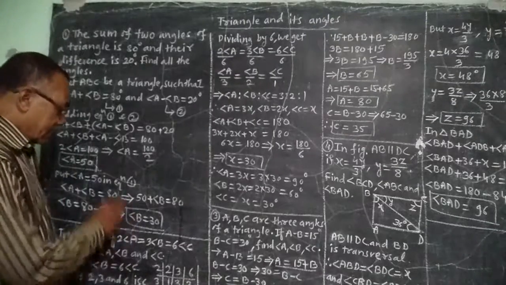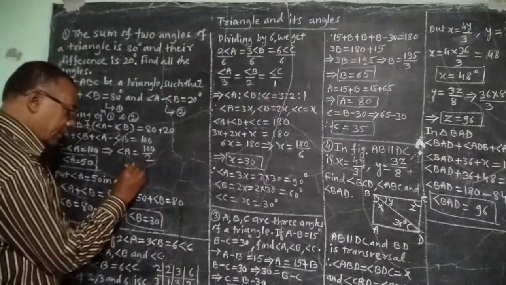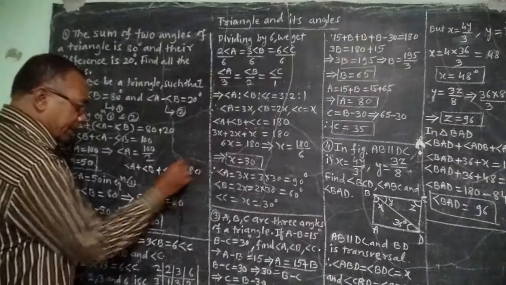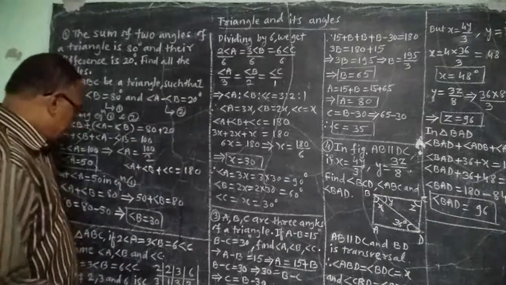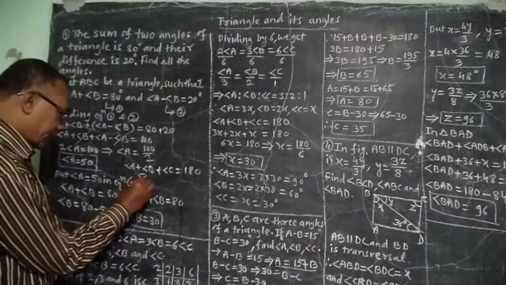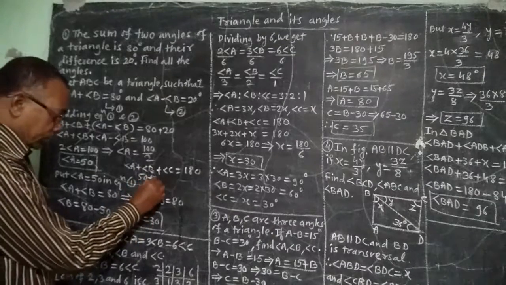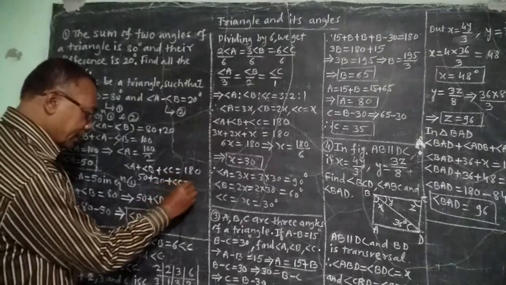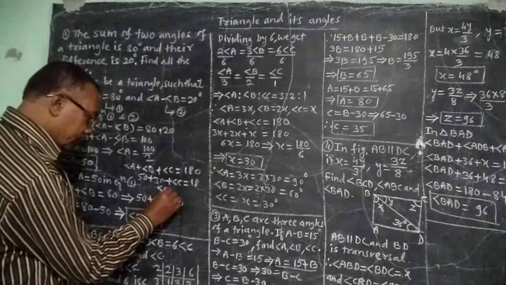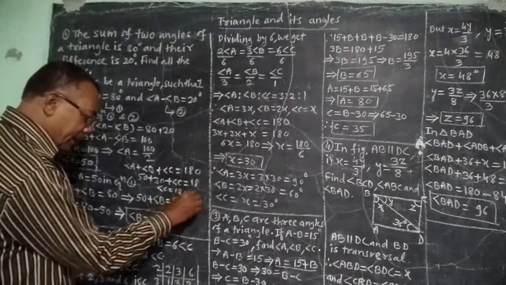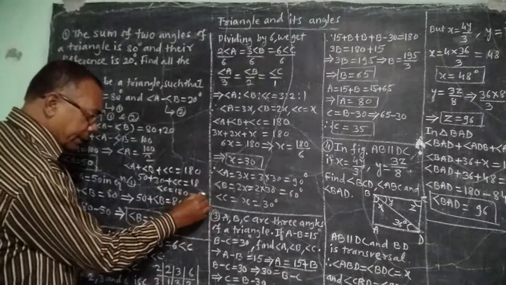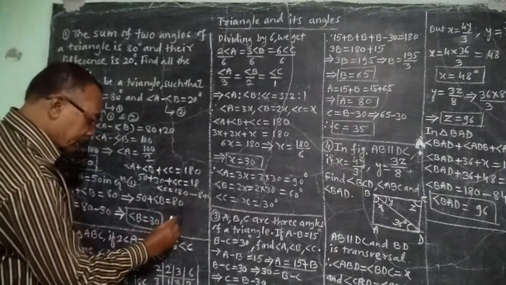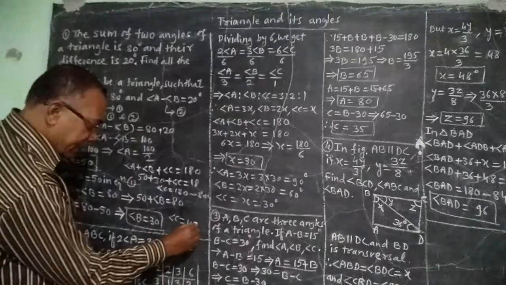Now to find angle C, angle A plus angle B plus angle C is equal to 180 degrees. That is our angle sum property of a triangle. Now if we substitute angle A is equal to 50 and angle B is equal to 30, then angle C is equal to 180 minus 50 plus 30, that is 80, and therefore angle C is equal to 100 degrees.